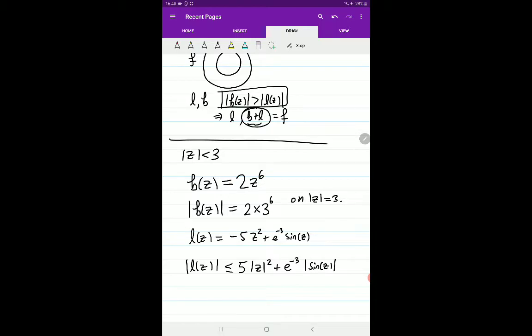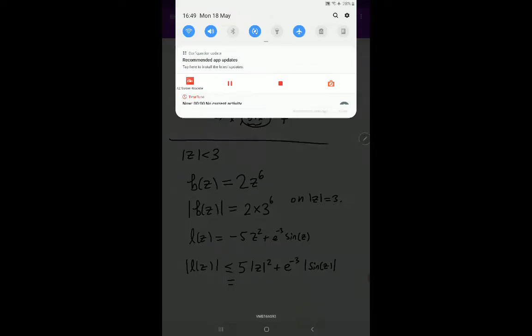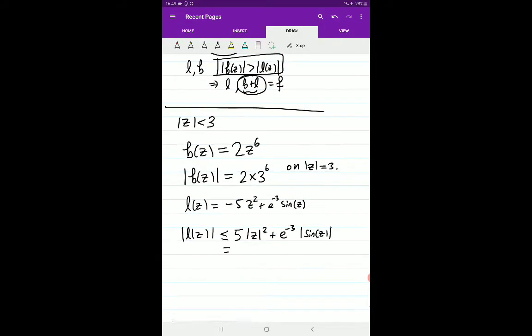Now, it's clear what to do here. It's going to be 45, because we know the mod z is equal to 3 on the boundary, so this is 3 squared times 5, so that's 45.